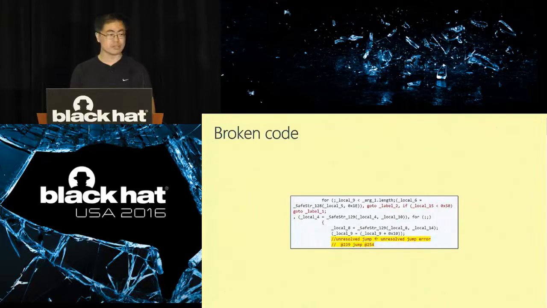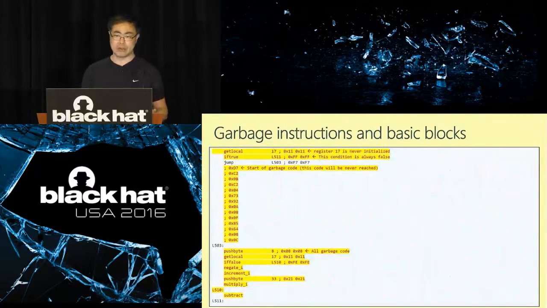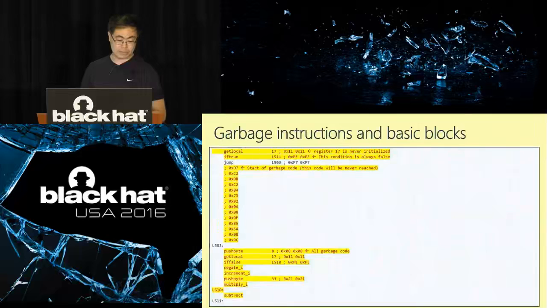Those are broken decompiled code, so you can't recompile it, right? And if you open the file in a disassembler, not a decompiler, you can see that there is some garbage code, and actually one garbage basic block itself. The code at the bottom, label 503, will never be called. They just put a bunch of garbage code there to confuse the decompilers.